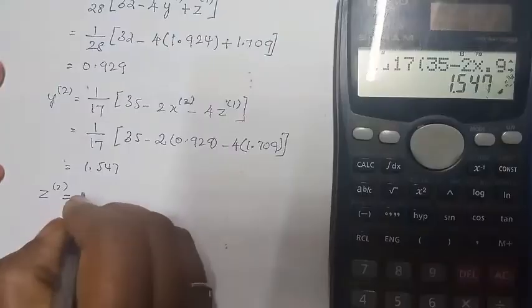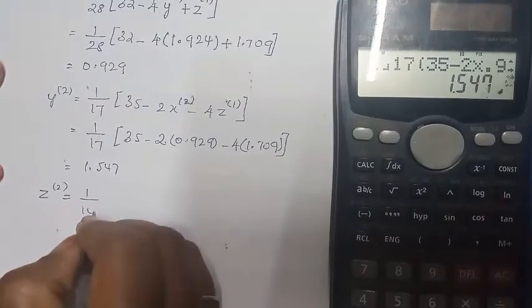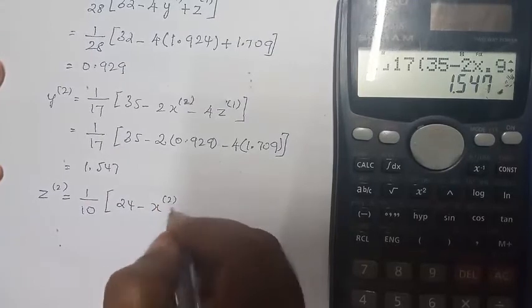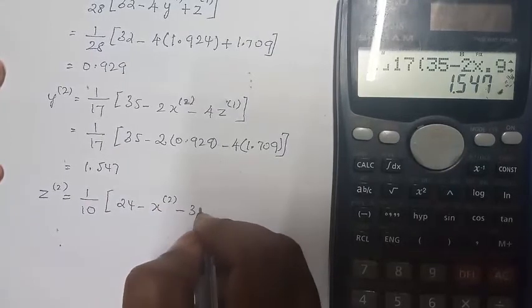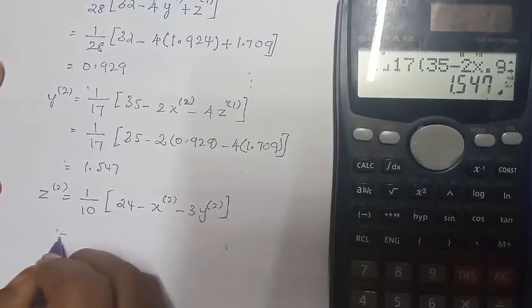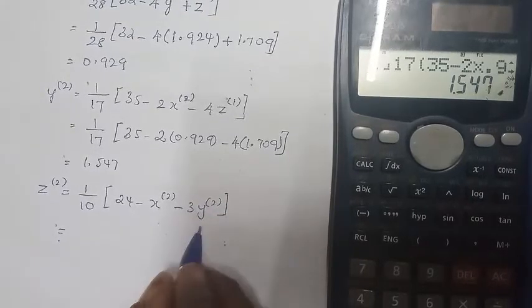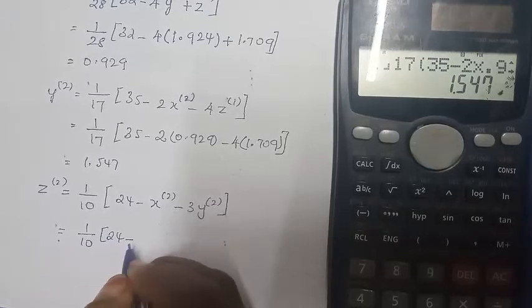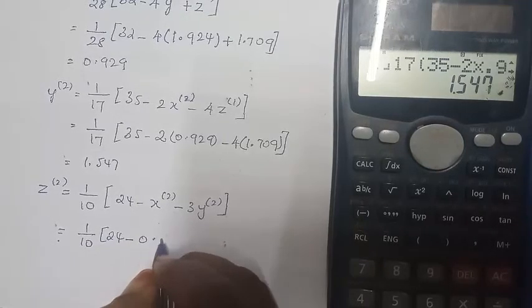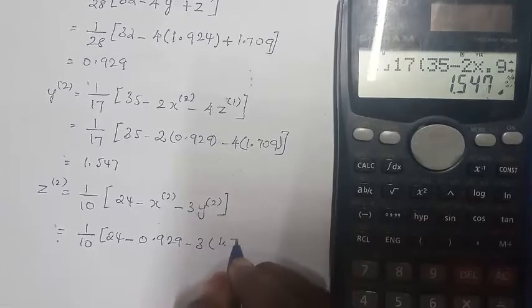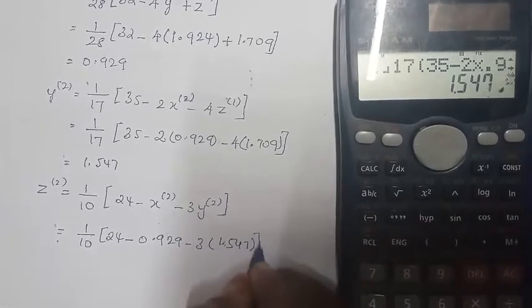Coming to z value in the second iteration: 1 by 10, 24 minus x value from the second iteration minus 3y also from the second iteration, which are the recent values of x and y. 1 by 10, 24 minus the recent x value 0.929 minus 3 into the recent y value 1.547.